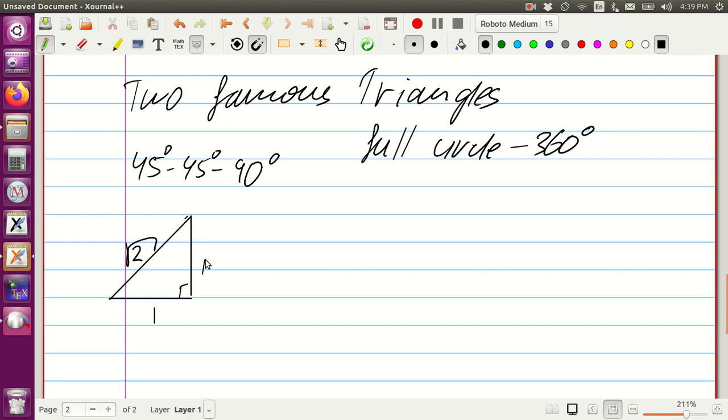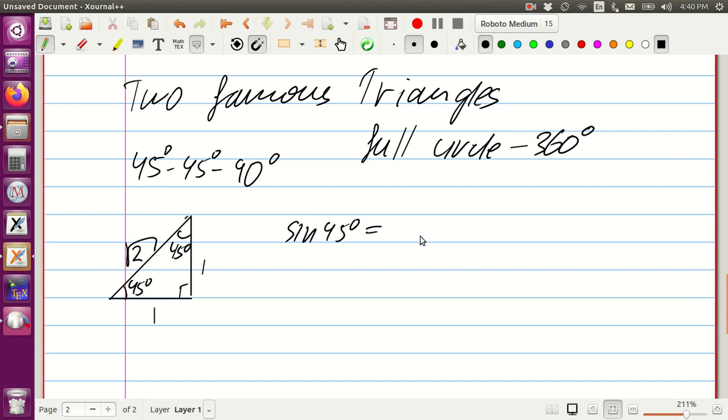So what do we know about this triangle? That this angle is 45 degrees, this angle is 45 degrees, and this angle is 90 degrees, because the sum of angles inside of the triangle has to be 180 degrees. So let's calculate the sine of 45 degrees.